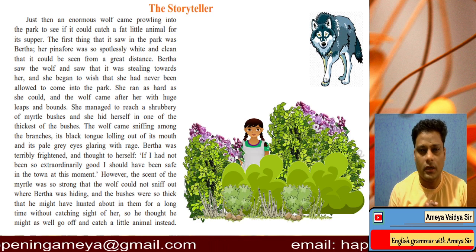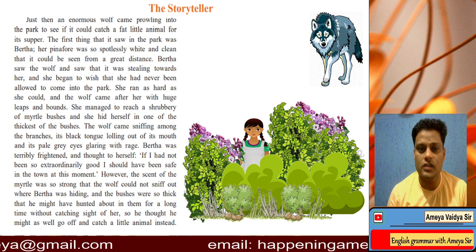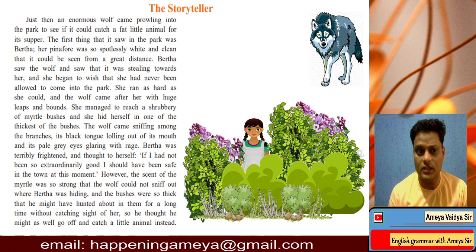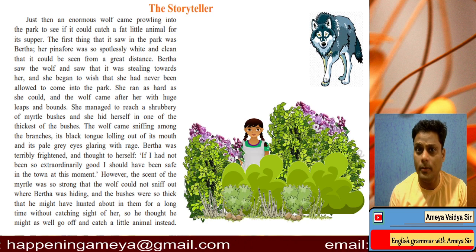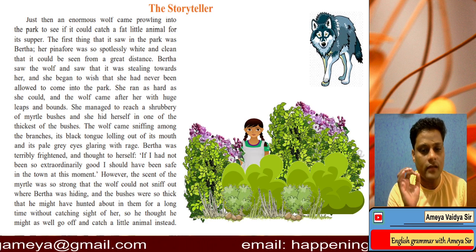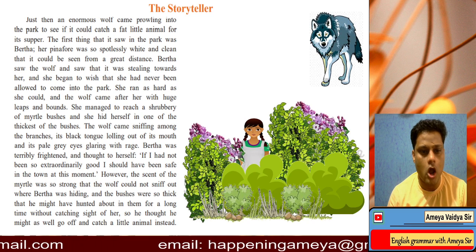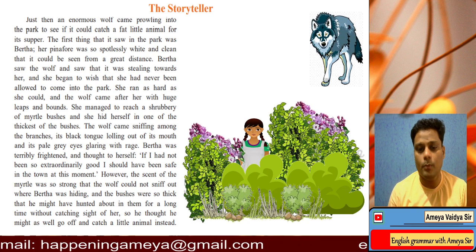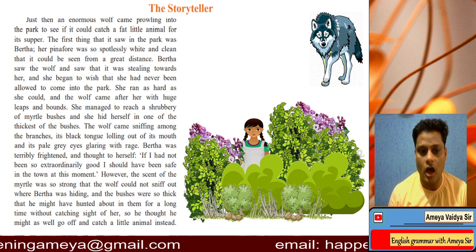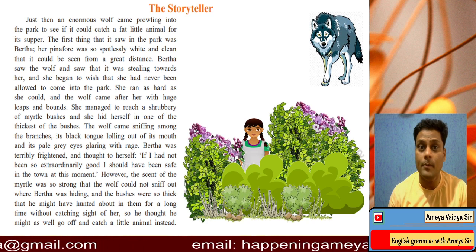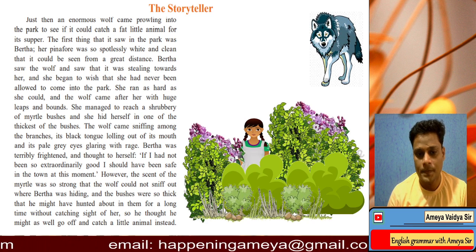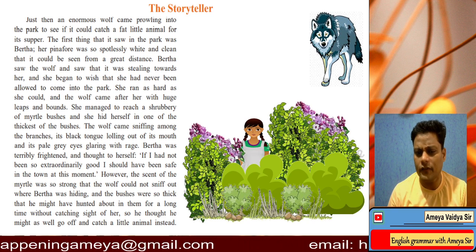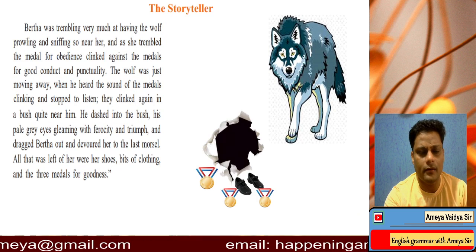Bertha was terribly frightened and thought to herself, if I had not been so extraordinarily good, I should have been safe in the town at this moment. However, the scent of the myrtle was so strong that the wolf could not sniff out where Bertha was hiding, and the bushes were so thick that he might have hunted about in them for a long time without catching sight of her. And so he thought he might as well go off and catch a little animal instead.